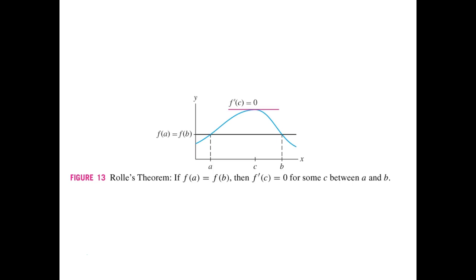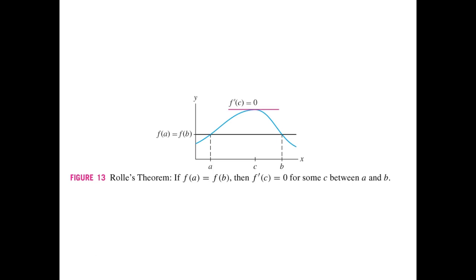So if this is a smooth continuous function, then if f of a is equal to f of b, some point a and some point b that have the same values on some interval, then there's got to be some point in between those two, c, where the first derivative is 0.